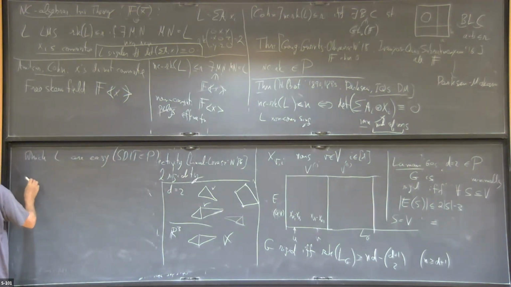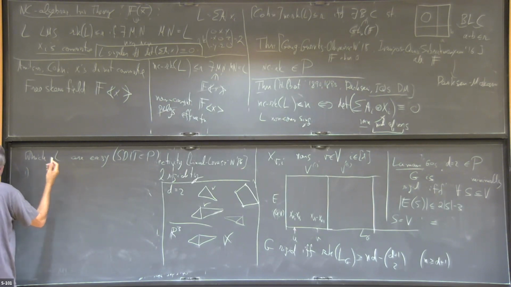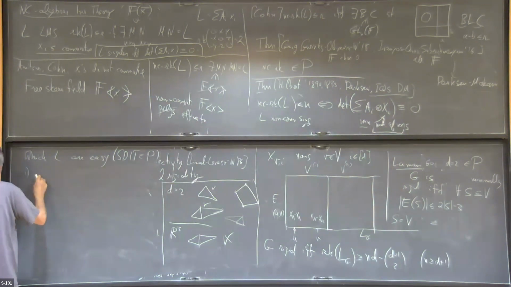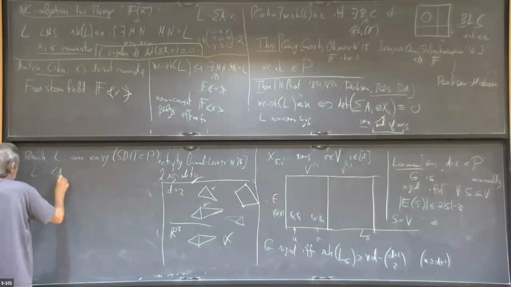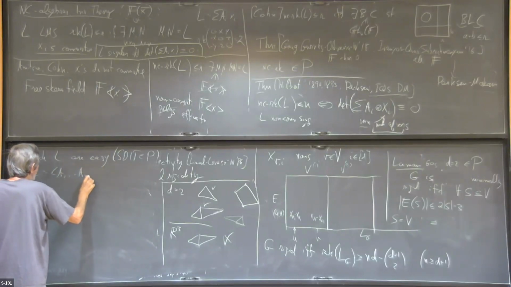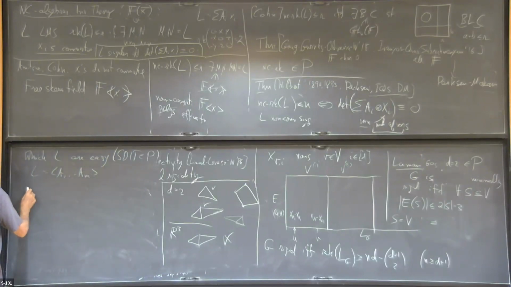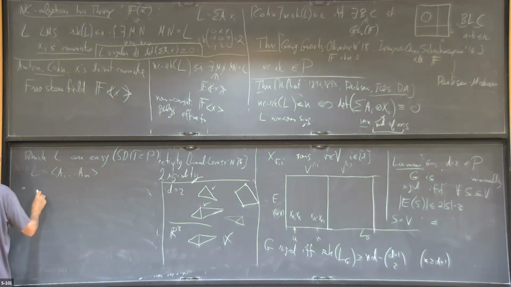A paper of Gurvits tells you that, actually it was known before. So say that L is generated by A1 through Am. One case is where the A_i are all of rank 1.